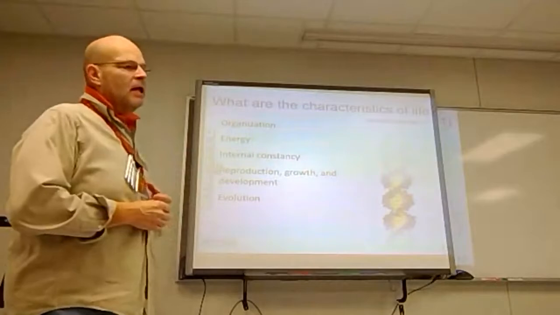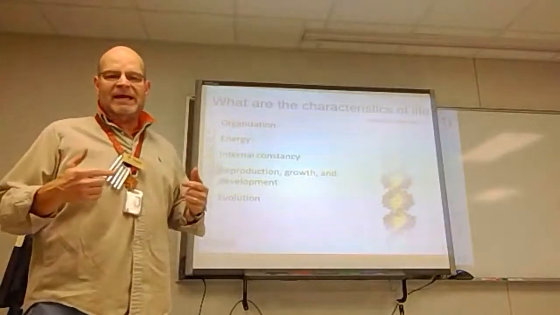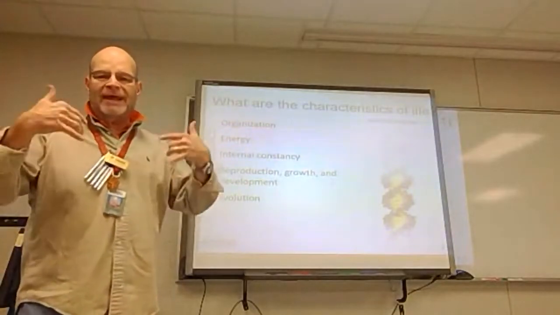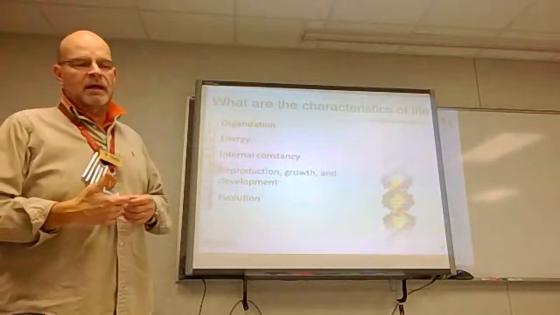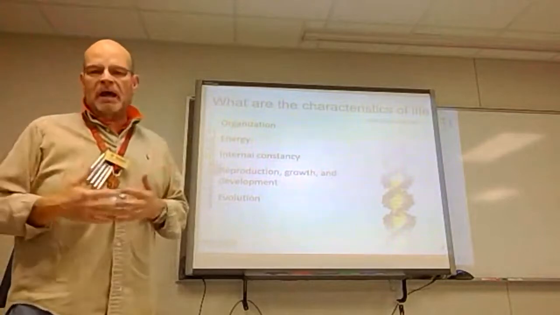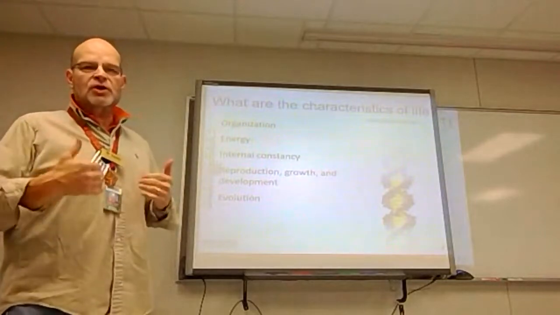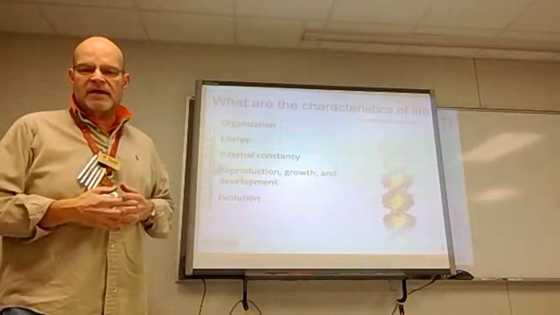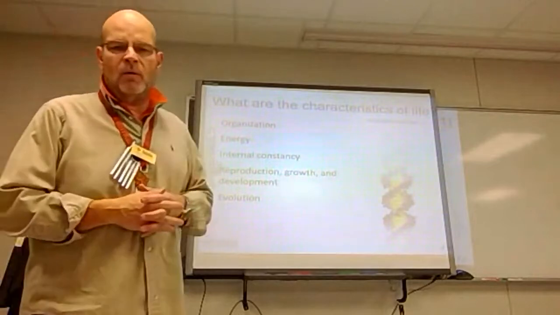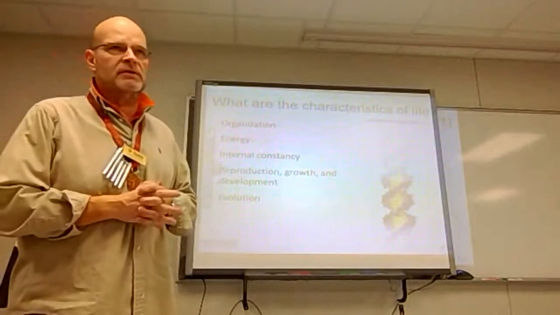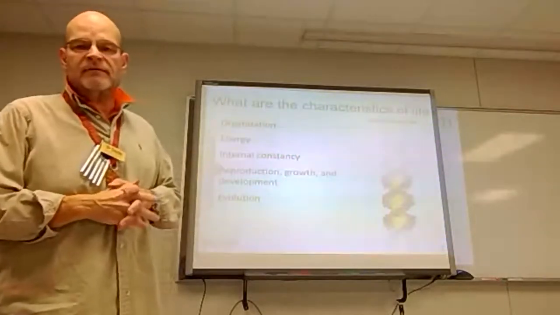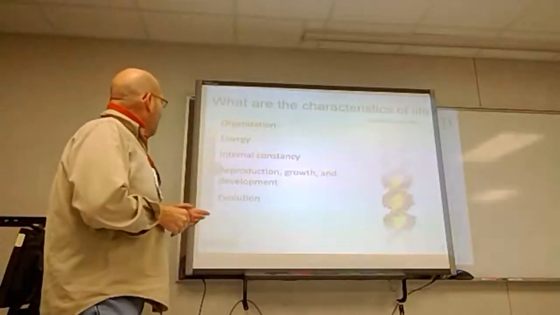Internal constancy. Living things must maintain a relatively stable internal environment. We know that the human body's internal temperature is around 98.6 degrees Fahrenheit, excuse me, 37 degrees Celsius.